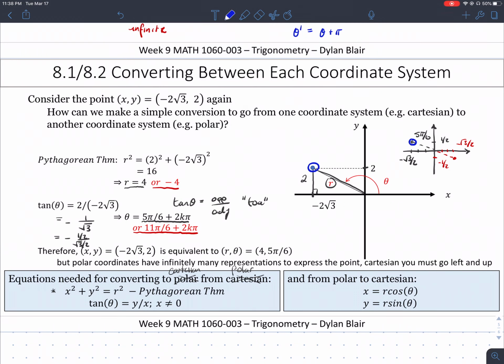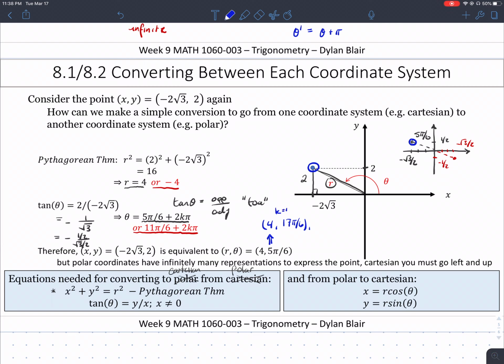So we can say that that Cartesian coordinate is equivalent to extending out by 4 and rotating around by 5 pi over 6, which we had talked about in that first slide on 8.1. But we have infinitely many solutions. So we could also say 4 and 5 pi over 6 plus 2 pi, which is 17 pi over 6.